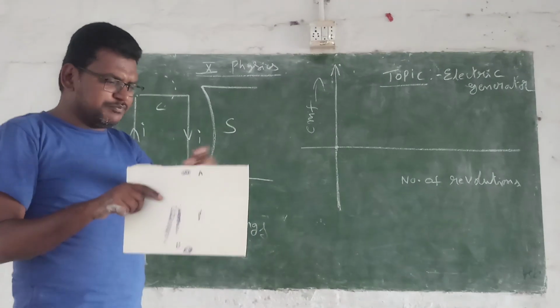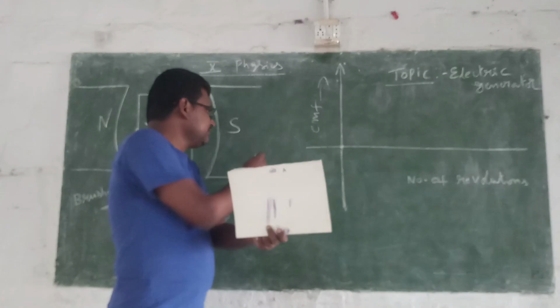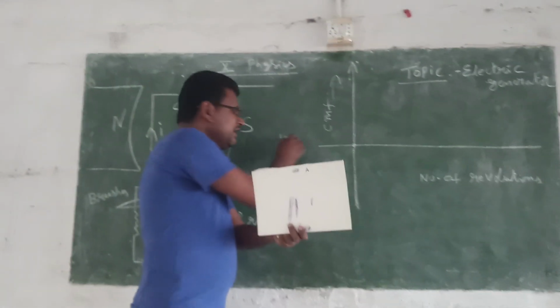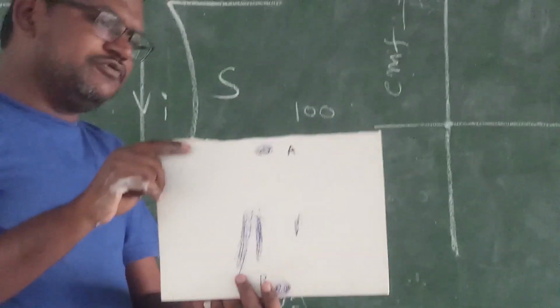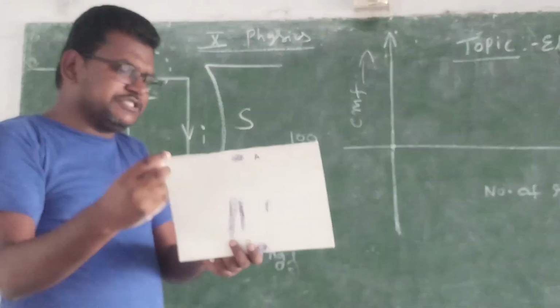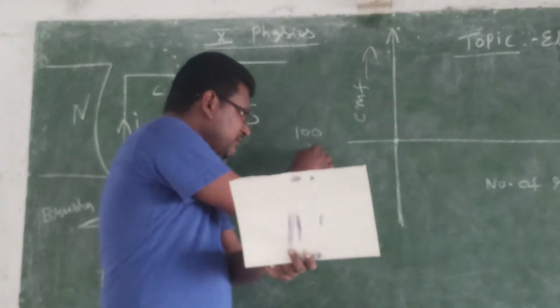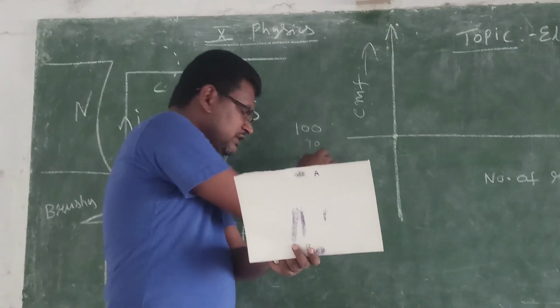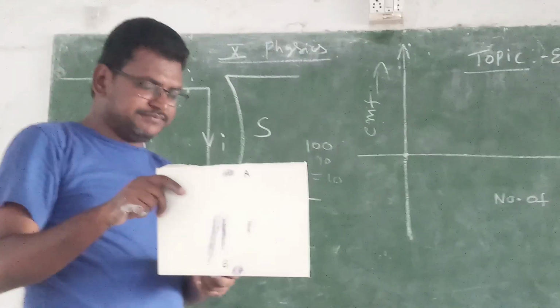Suppose, for example, in this orientation there are 100 magnetic field lines passing through the coil. As we rotate to this orientation, assume there are 90. That means 100 minus 90 is equal to what? 10 magnetic field lines. The change in magnetic flux is 10.